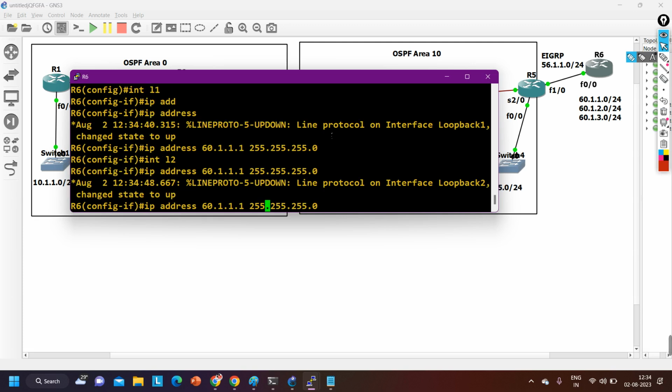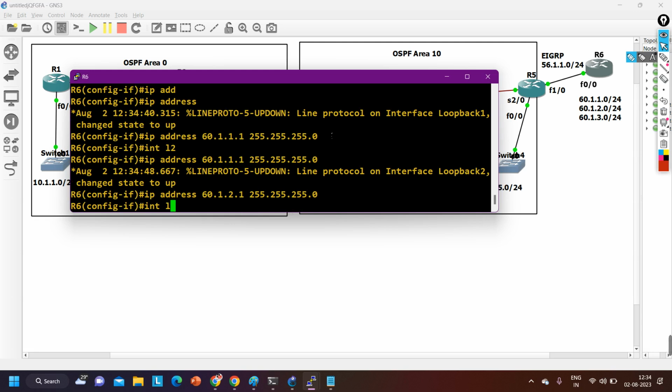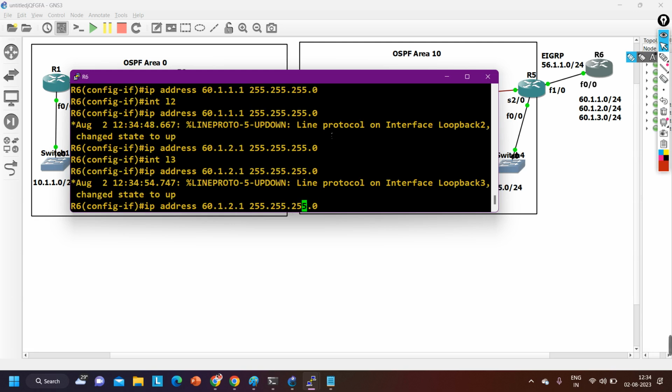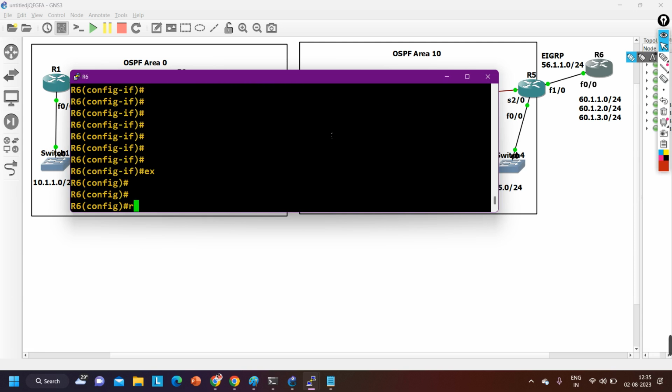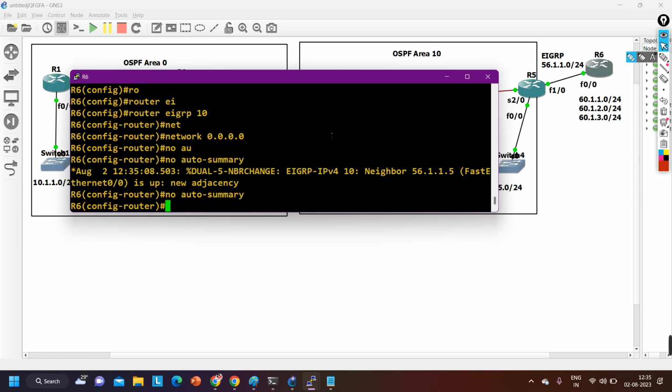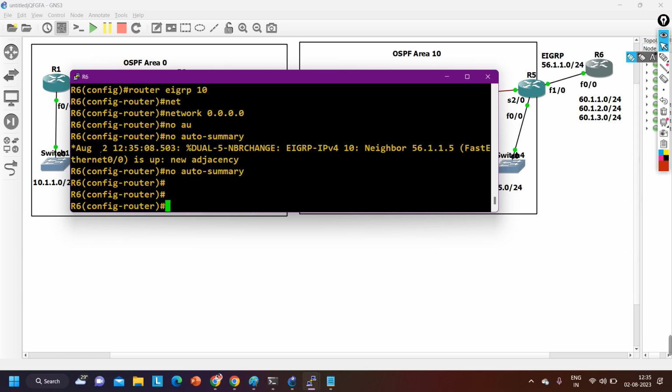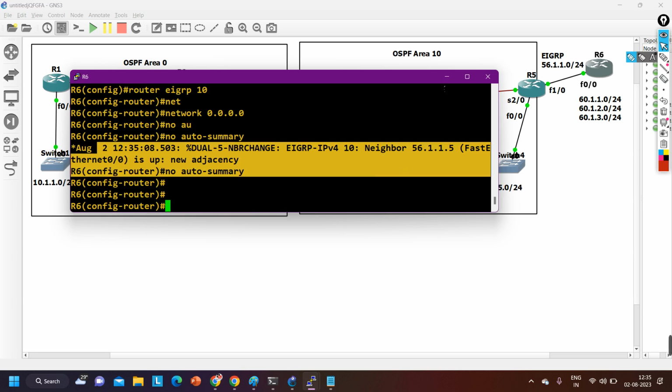Interface loopback 2, 60.1.2.0, interface loopback 3, 60.1.3.0. What AS number of EIGRP have I configured on router 5? 10. So router EIGRP AS number 10, network 0.0.0.0 and no auto-summary. Soon the EIGRP neighborship will come up, you can see.